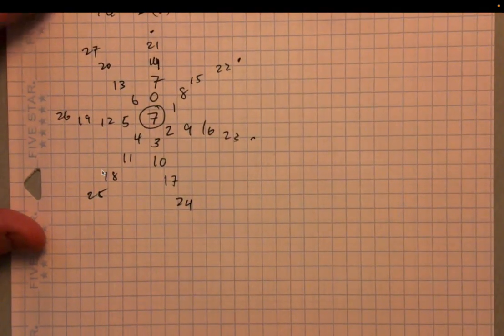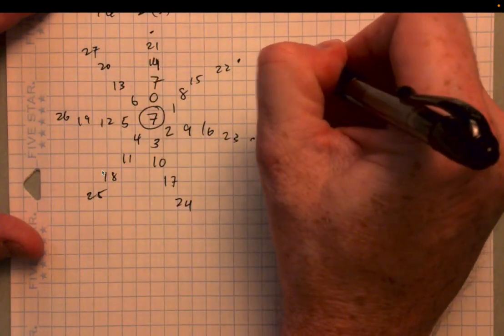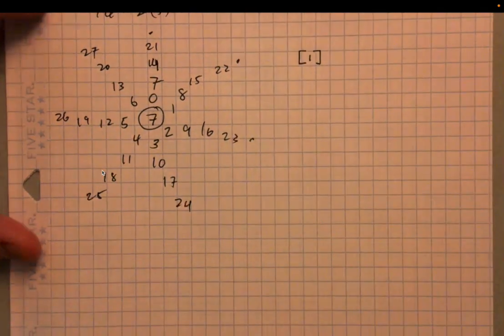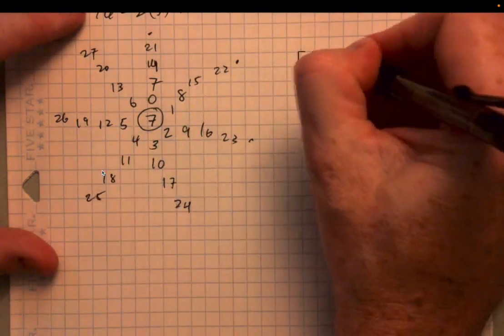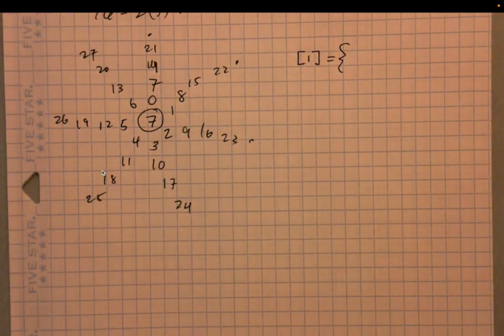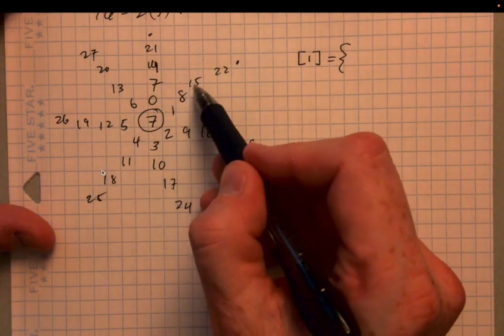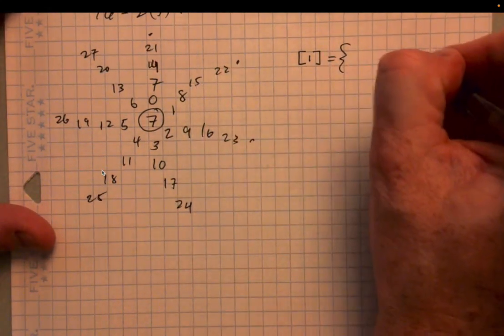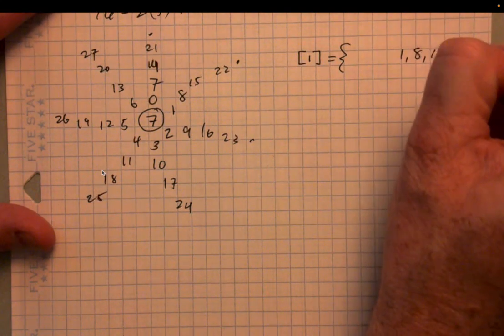Then what are the equivalence classes? So let's think about 1. What's the equivalence class for 1? Well, it's all of the things that are equivalent to 1 modulo 7, all of the integers that are congruent to 1 modulo 7. So let's just think about the positive side. It's 1, 8, 15, 22, and so on.